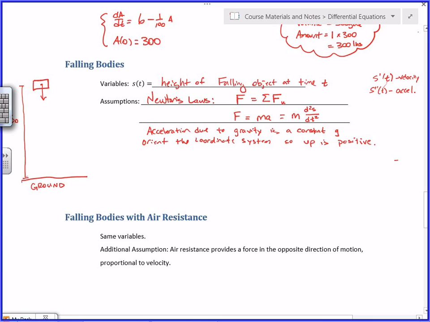I actually get a slightly different equation, with signs different from what he has in the book, because this is the way I've always done it. So let's assume for falling bodies with no air resistance, there's only one force acting on this thing, and that's gravity.